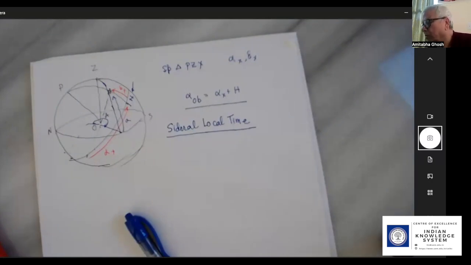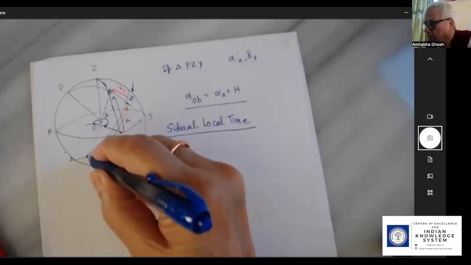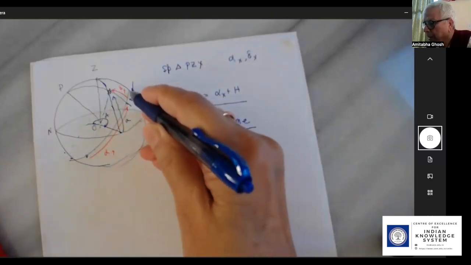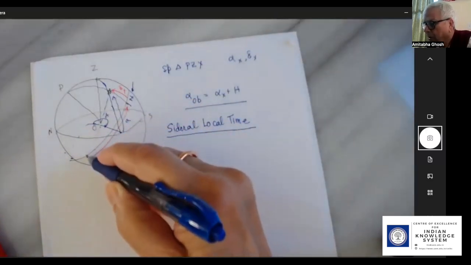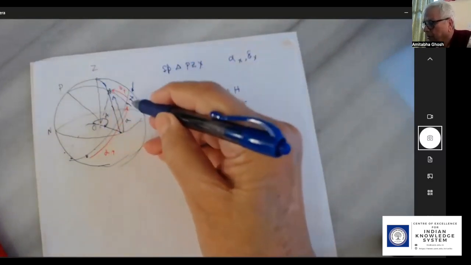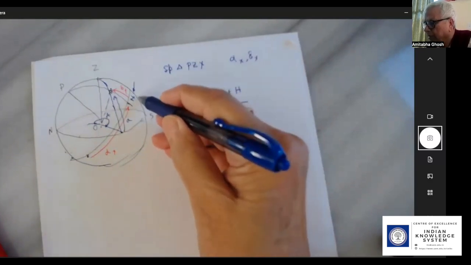When the vernal equinoctial point crosses your prime meridian, that is the point from which you measure the time. So you know when it has crossed and how much it has gone, and the hour angle of this object will then be this much, and so you can find out this angle.